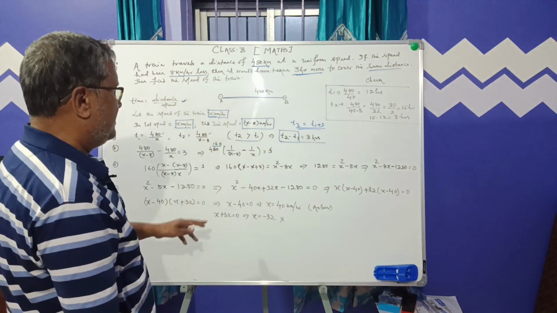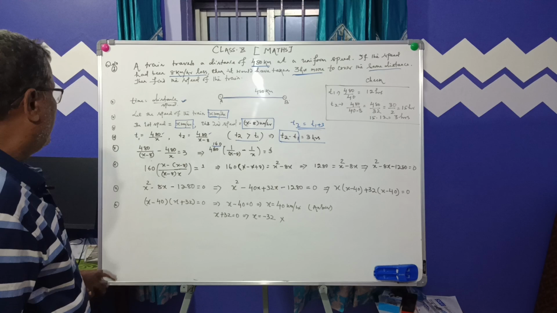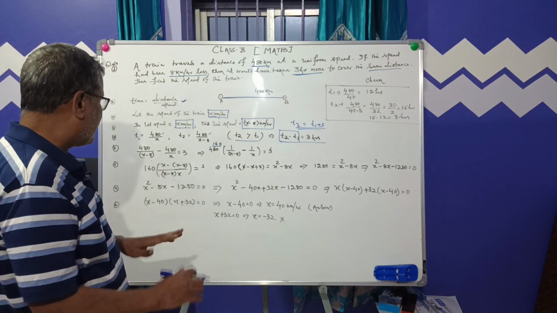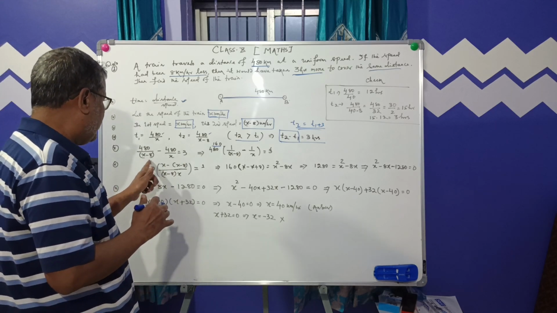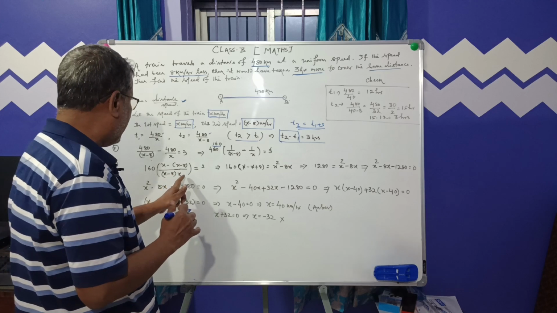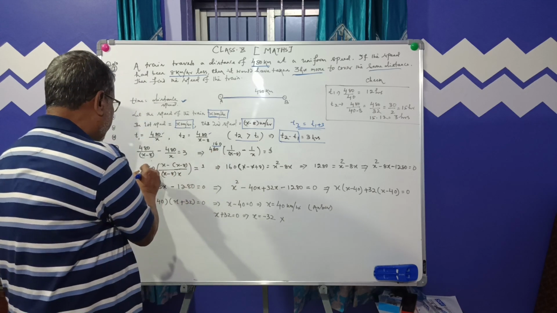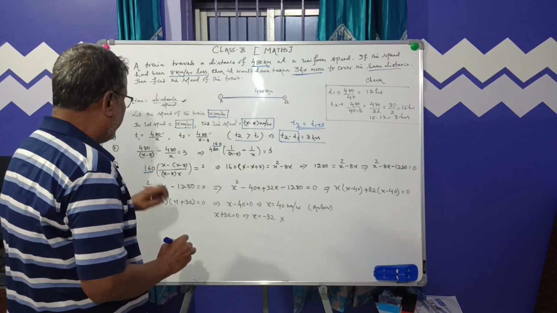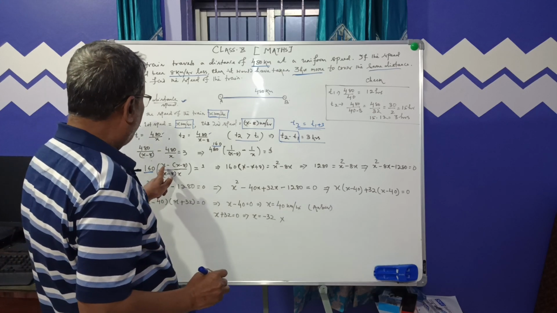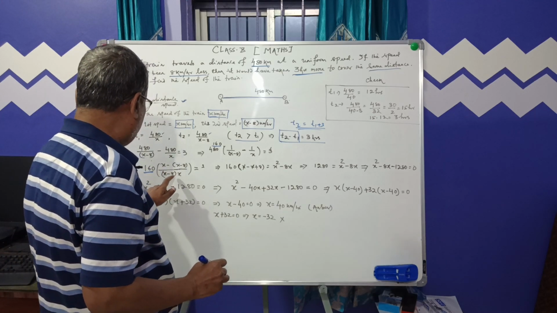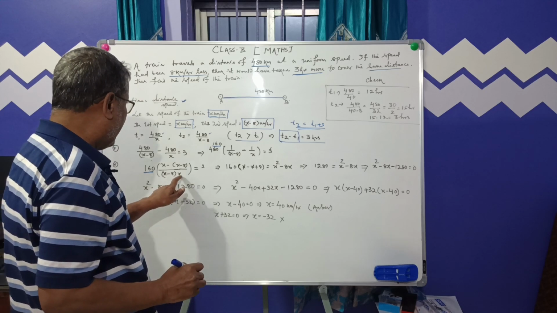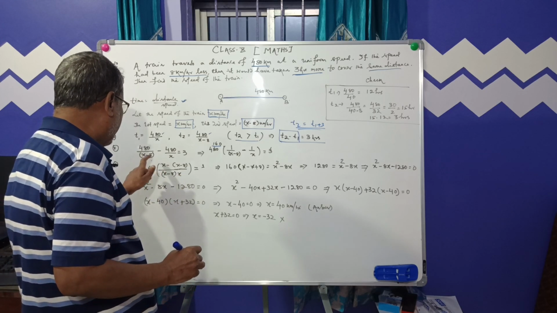Now let us subtract it. The LCM is x minus 8 into x. Keep the 160 here. In the numerator, we get 8. Here, x minus 8 into x divides.